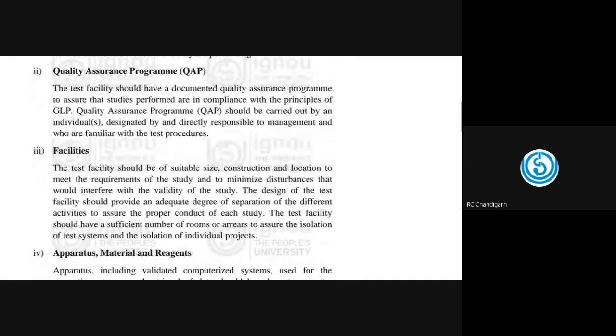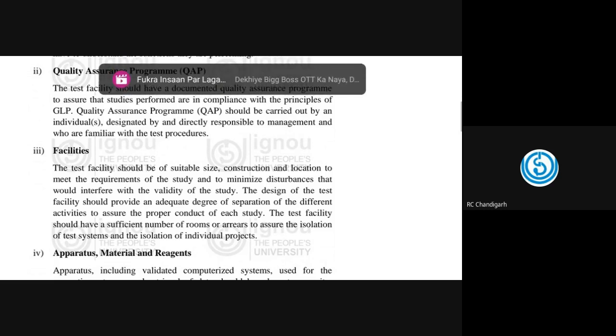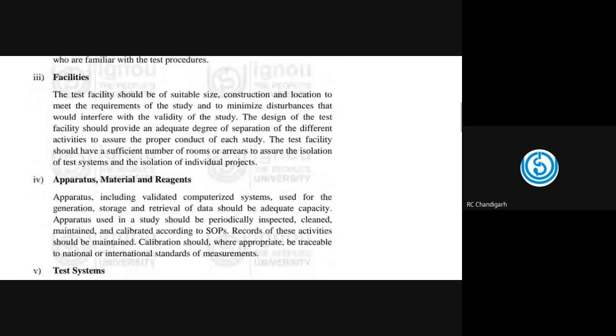Then facilities. The test facilities should be of suitable size, construction, and location to meet the requirements of the study and to minimize disturbances that would interfere with the validity of the study. Apparatus, material, and reagents.